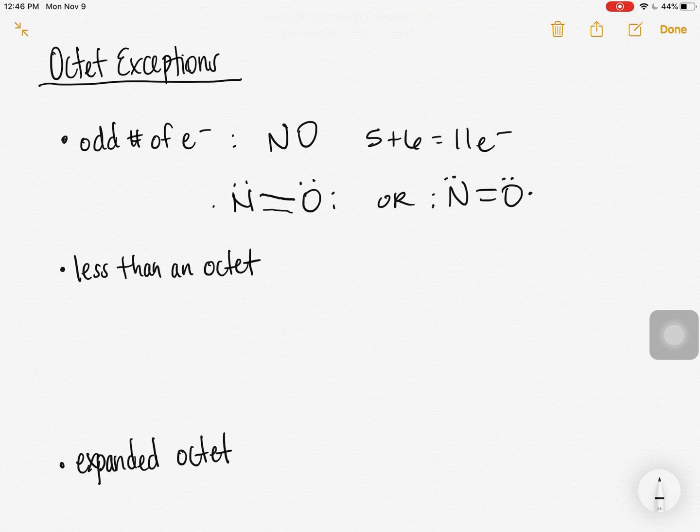But no matter what, there are situations where you cannot have an octet of electrons, and yet these compounds still exist. This is something that actually does exist. I think this is what's formed when lightning strikes, I believe. It's a true compound, but it just has an odd number of electrons, and for whatever reason, it's okay. It's just one of those weird exceptions. So that's one we hardly ever see.